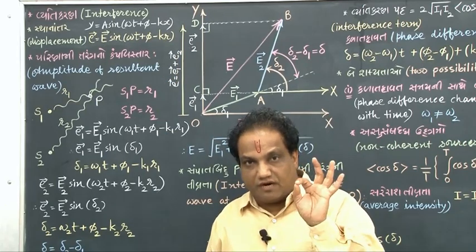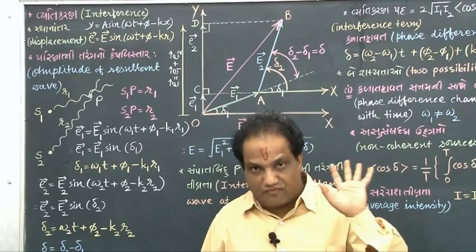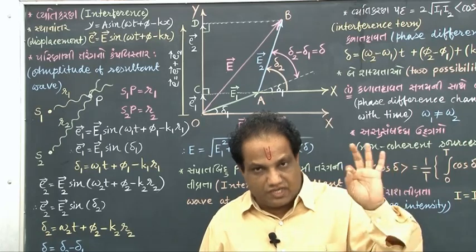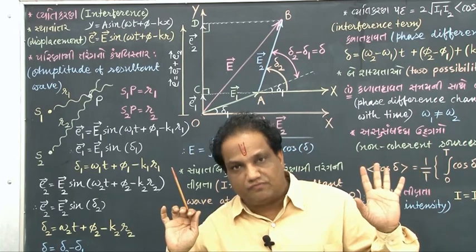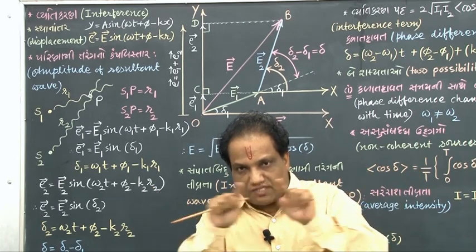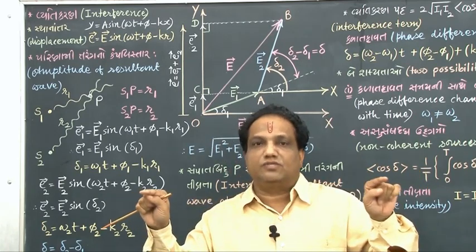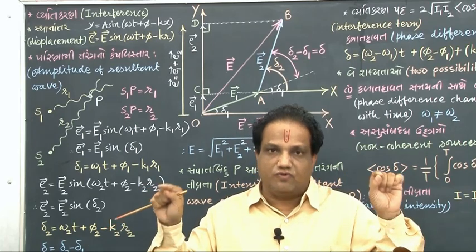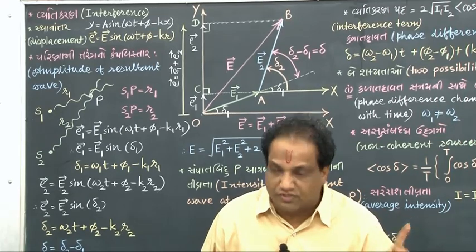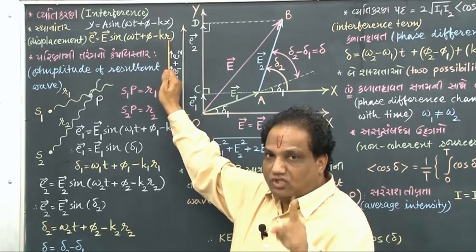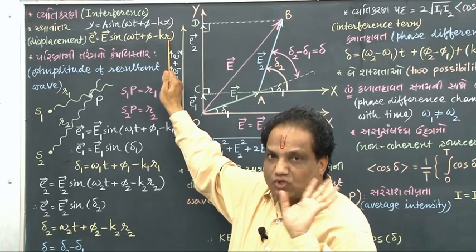It is the distance of considered point on the direction of propagation of wave from source of wave. In short, it is distance between source and the point which you have considered. It is called point of observation. This r is the distance of point of observation from source of wave.